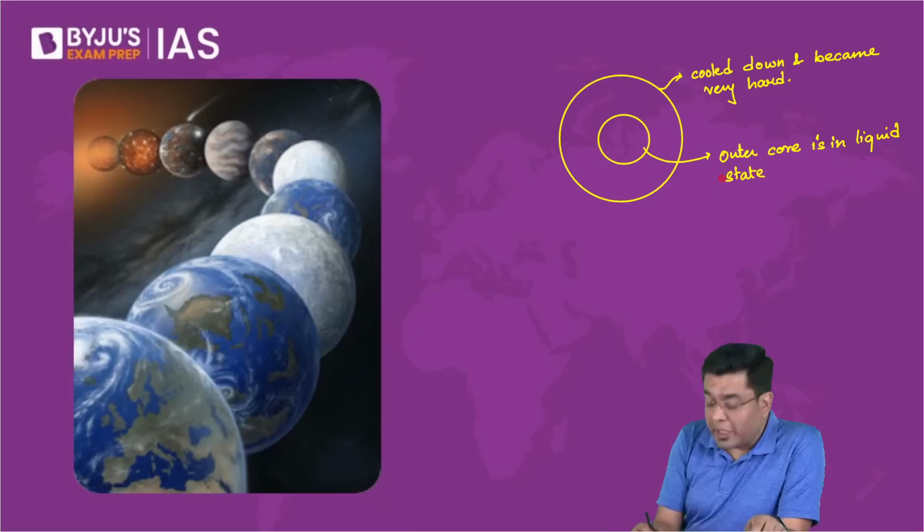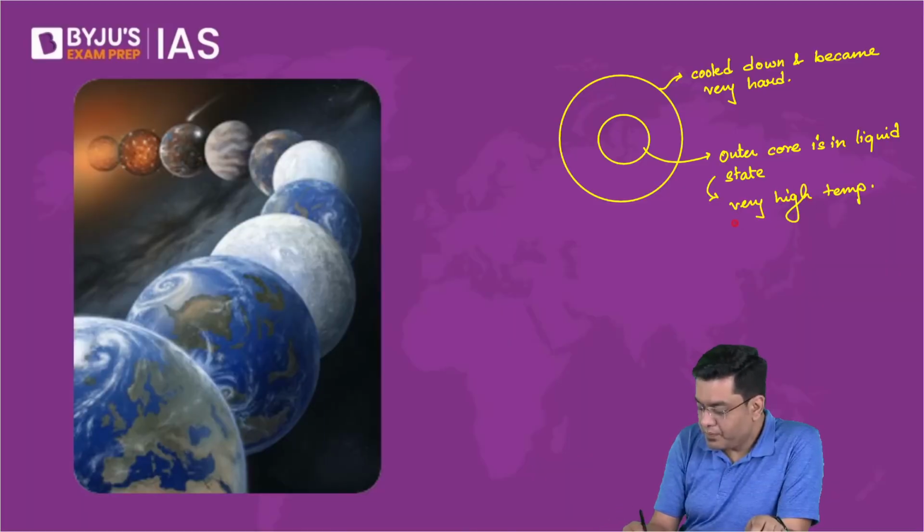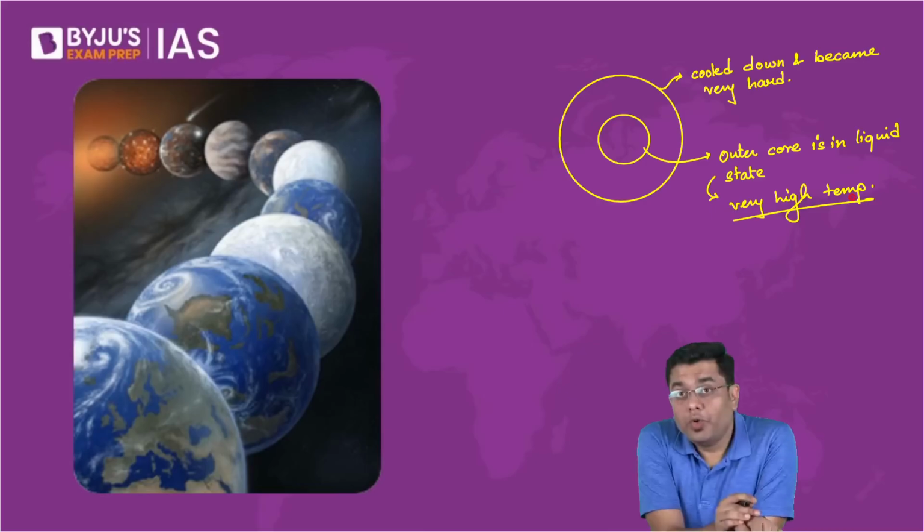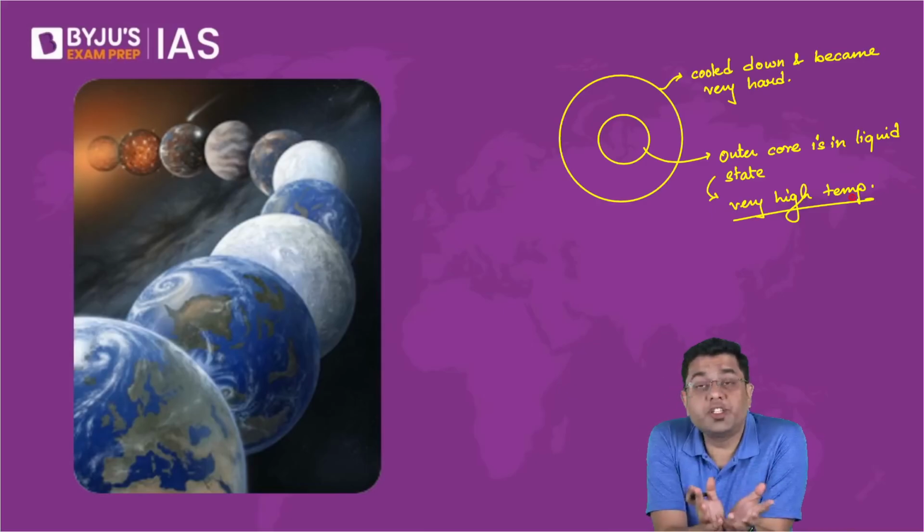Why? Because of very high temperature. So, while the outer portion started cooling down, the inner portion of the planet still retained that heat. Just like the milk example that I gave you.